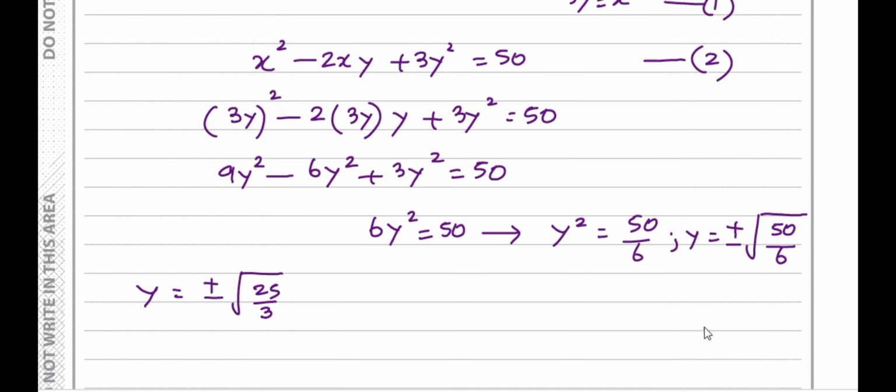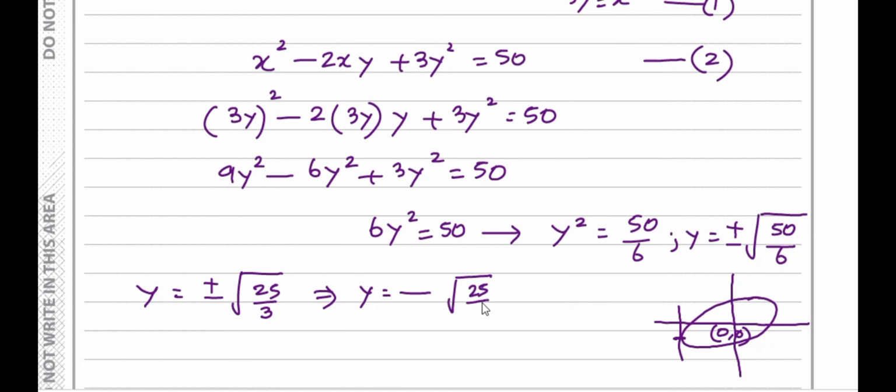Looking at the diagram, we know that this cycle track is like this, and we are talking about this point. The coordinates were like this, right? So this point is definitely going to be minus x as well as minus y. It's negative coordinates for both x and y. Hence we can say that y is equal to minus the square root of 25 over 3.